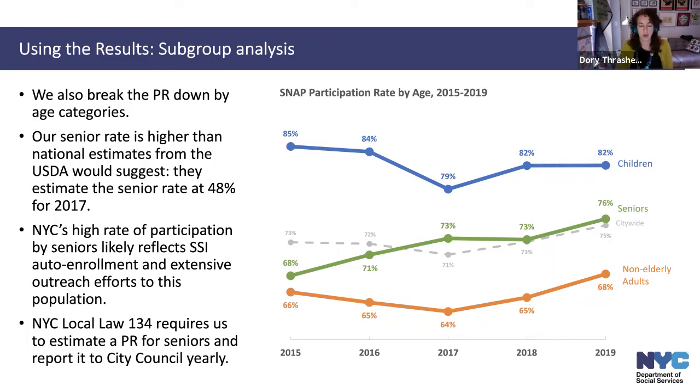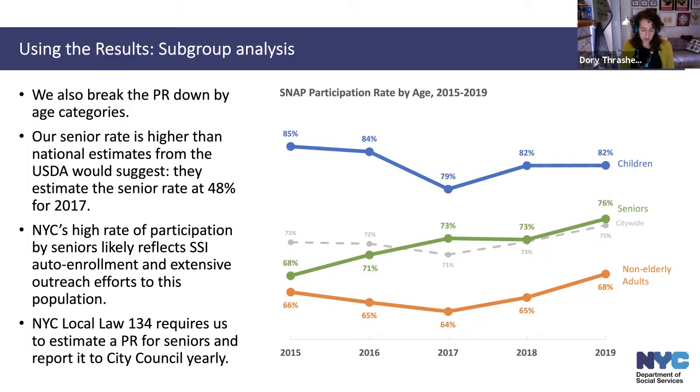As I mentioned, we have specific outreach programs for seniors, for college students, and there was that great Pride LGBTQ outreach campaign. And so it provides just a benchmark. I'm also working on a project about public housing residents. So when we know what our citywide participation rate is, it gives us a way to compare how we're doing at these specific outreach target groups.